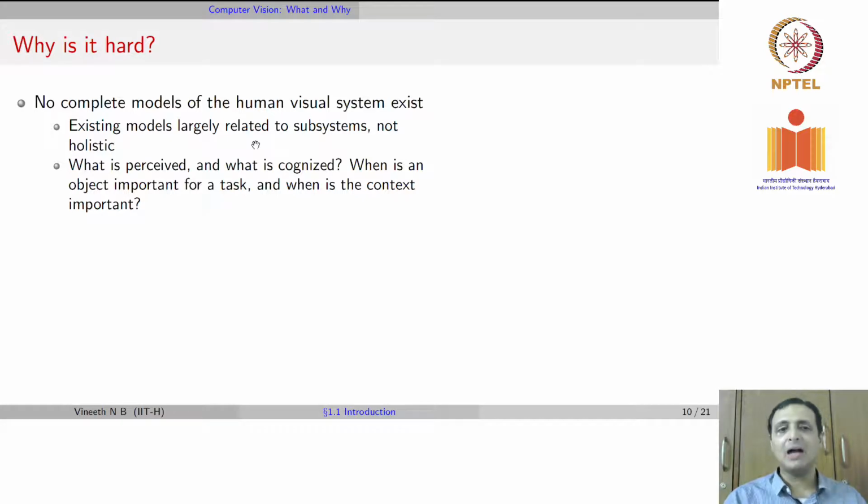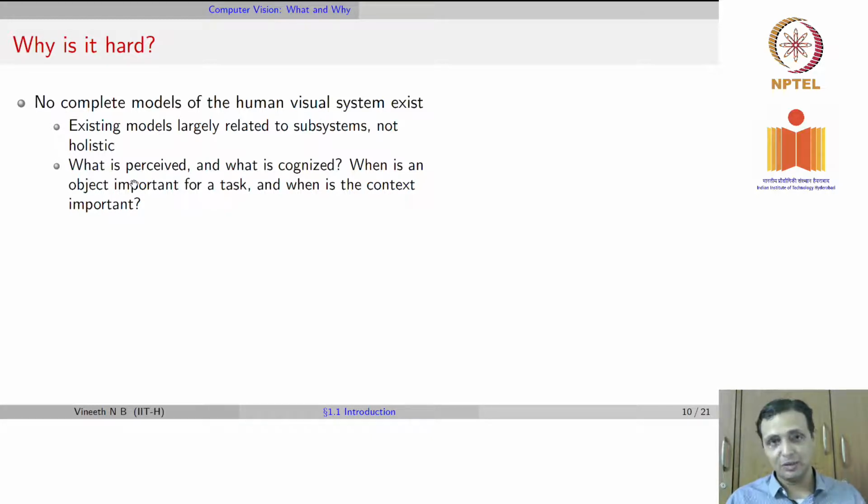Further points here are that no complete models of the human visual system itself are known at this time. Most of the existing models of the human visual system relate to subsystems and are not holistic in their understanding of the entire central nervous system. There are also questions about what is perceived and what is cognized, especially with optical illusions.